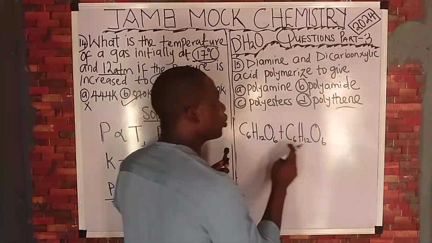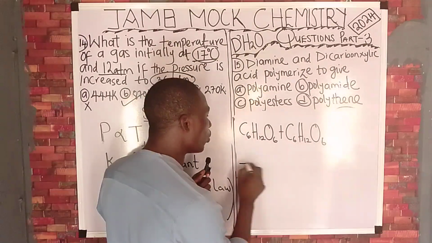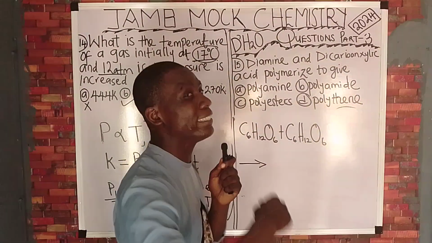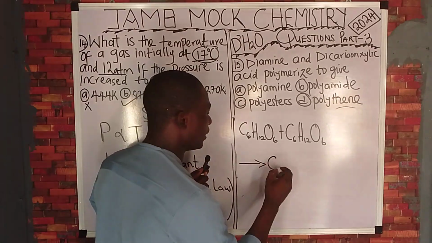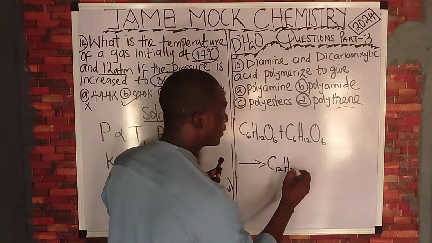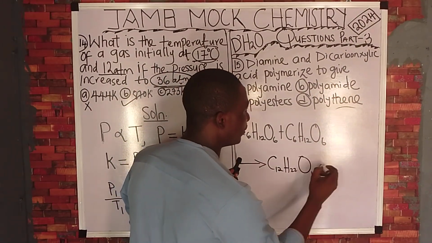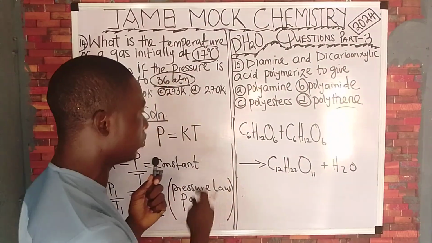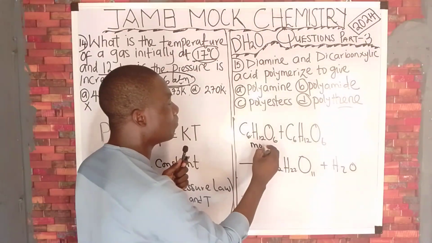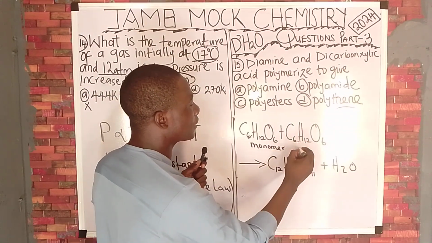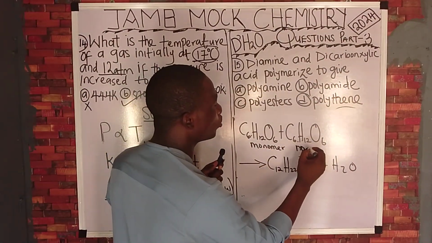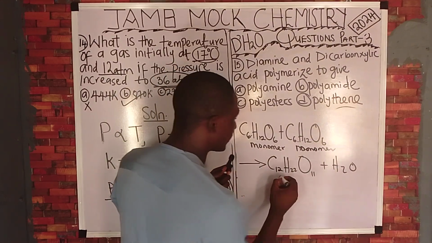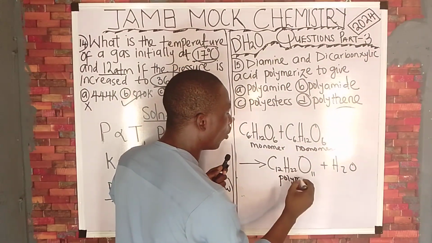If you combine two glucose together, it is going to give you a disaccharide, C12H22O11 plus H2O. As you can see on the board, this is a monomer, this is a monomer, but this is a polymer.